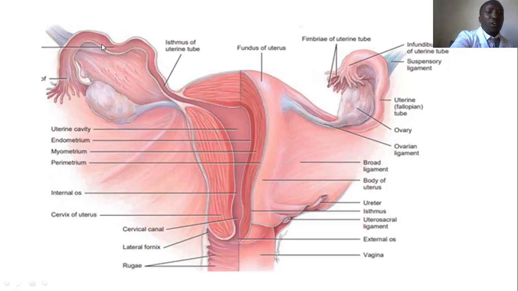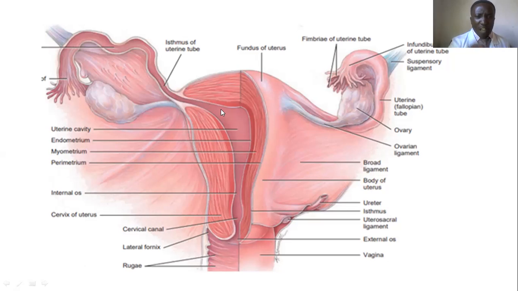When they meet around the isthmus or within the ampulla, fertilization occurs and a zygote is formed. The zygote is pushed by the cilia and eventually falls within the uterine cavity and implantation will begin, meaning pregnancy will begin officially.